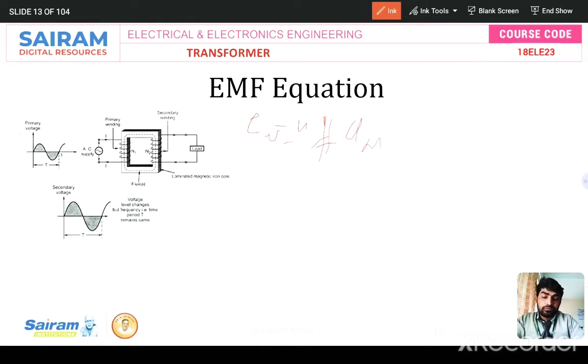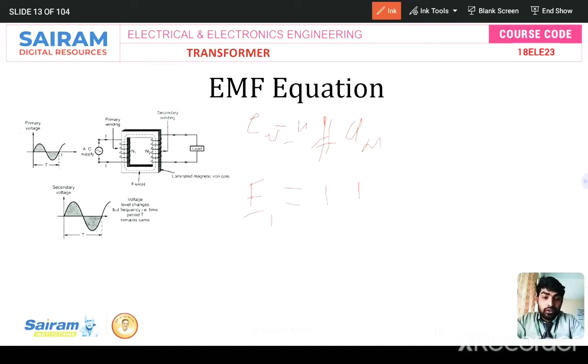If you want the RMS value, form factor is RMS value by average value. Average value just multiplied by the form factor, you will get 1.11. So that is RMS. I'll take E1, the induced EMF in the primary side, in terms of RMS.